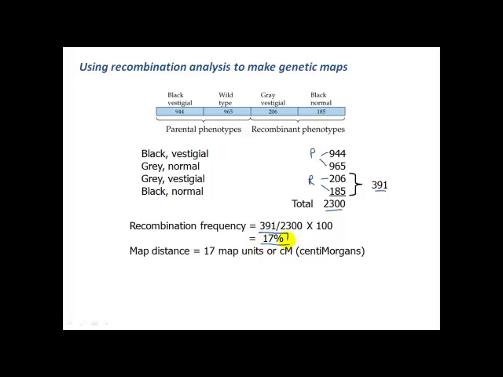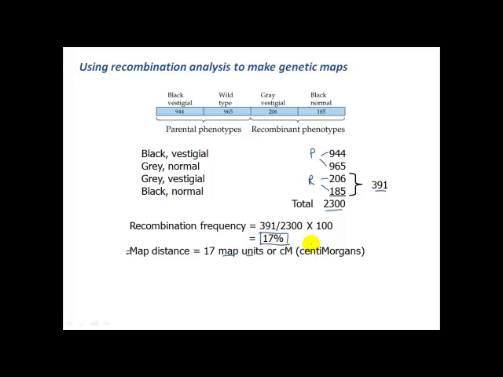This percentage of recombination frequency equals our genetic map distance, or the distance between these two genes in genetic units. And those are referred to as map units, or in honor of Thomas Hunt Morgan, as centimorgans, or cM, to represent those genetic distances. Right?